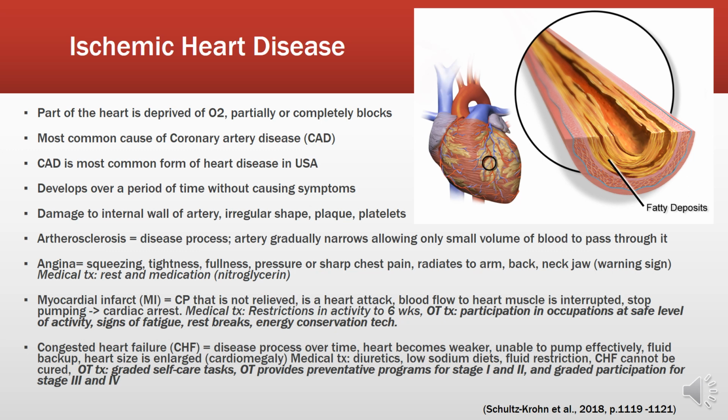Basically, the internal wall of the artery ends up having an irregular shape, as in the picture across the way here. And what happens is we have plaque and platelets that build up, and fatty deposits. And so that causes what's called arteriosclerosis. That means that is a disease process where the artery is getting into a very narrow space for blood supply.